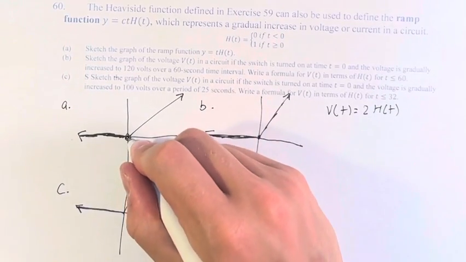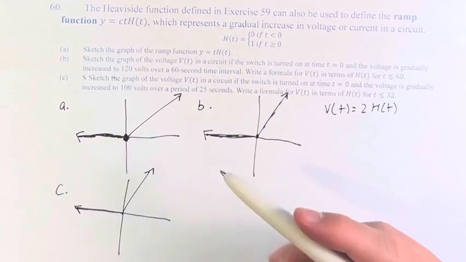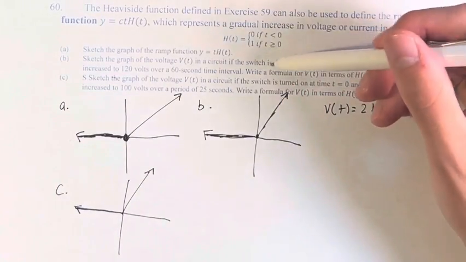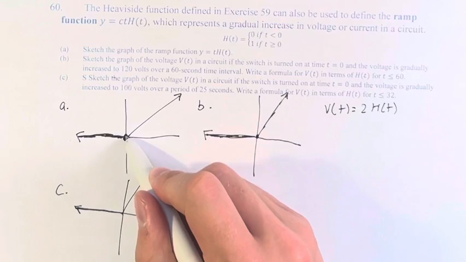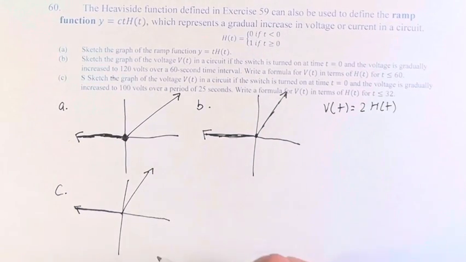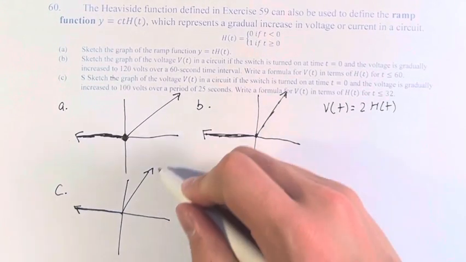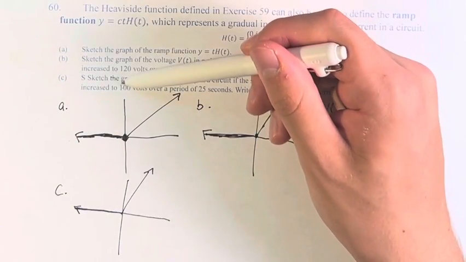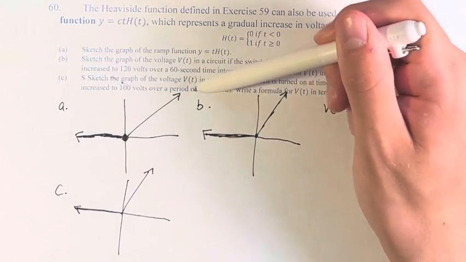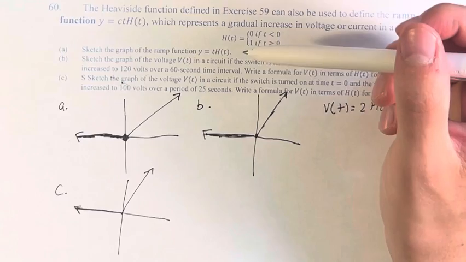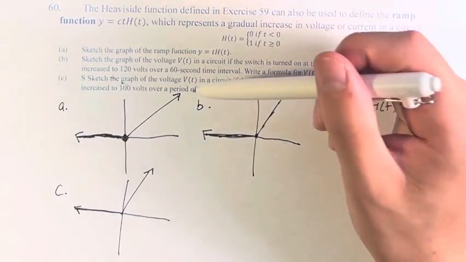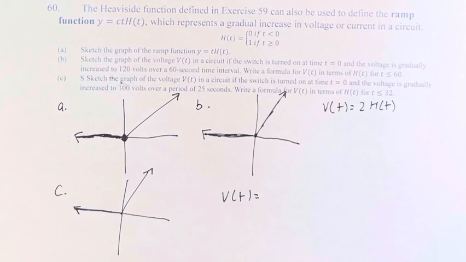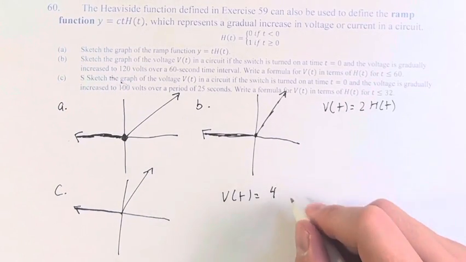And by the way, I should fill this circle in, because it's less than from this side, greater than from this side, therefore it includes 0 at this point where they meet. But anyways, we have this function, which is even steeper because it's being stretched by a factor of 4 to get it from 25 to 100 at this time. Therefore, v of t is equal to 4 h of t.